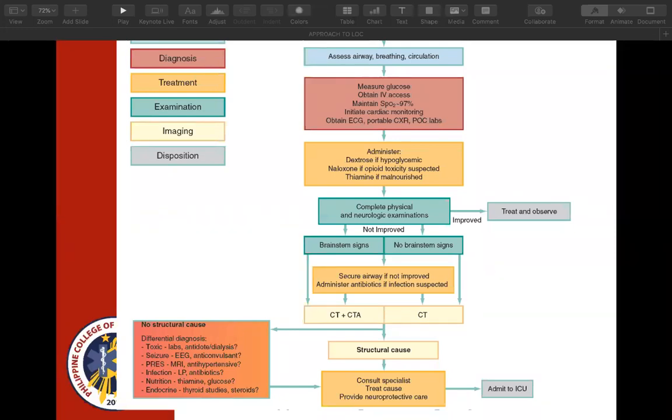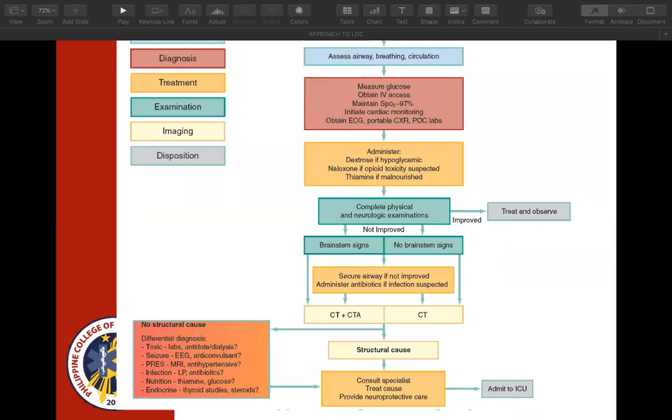So that's the time that we do a cranial CT scan. So we can check already if the cause of depressed consciousness is due to a structural problem in the brain or not.